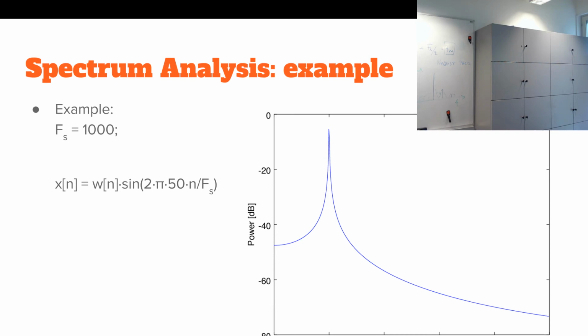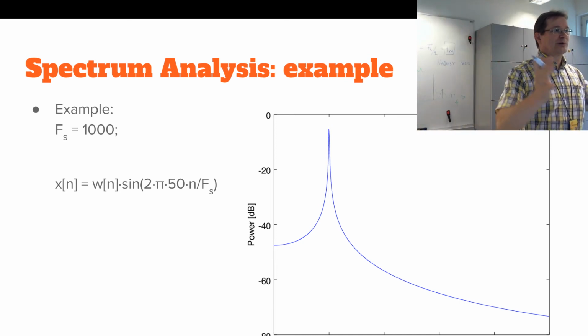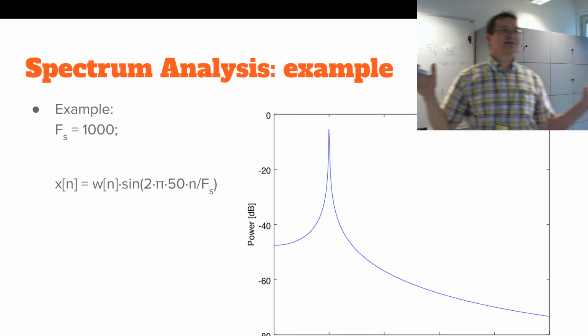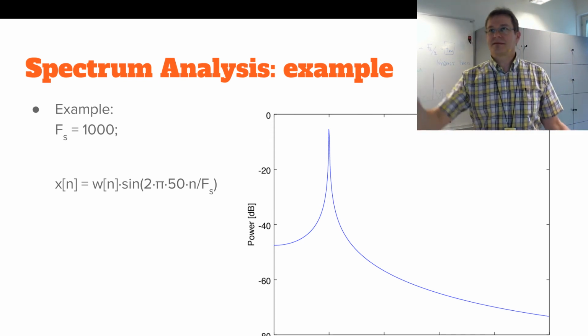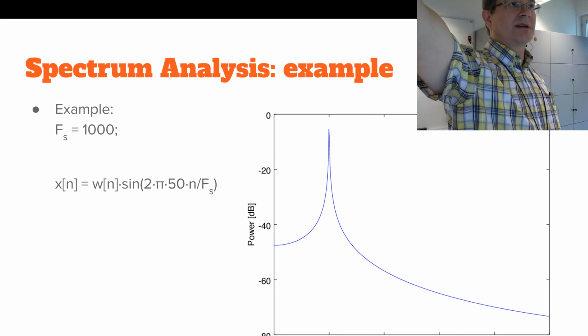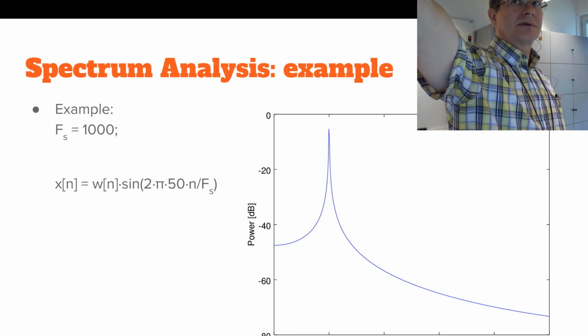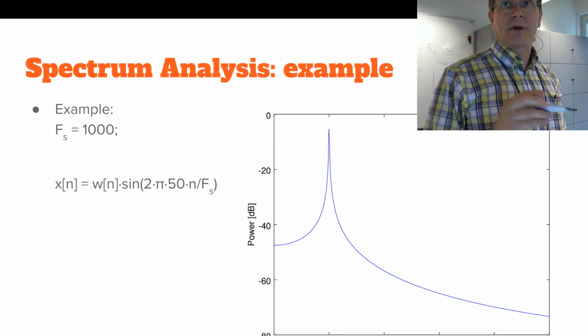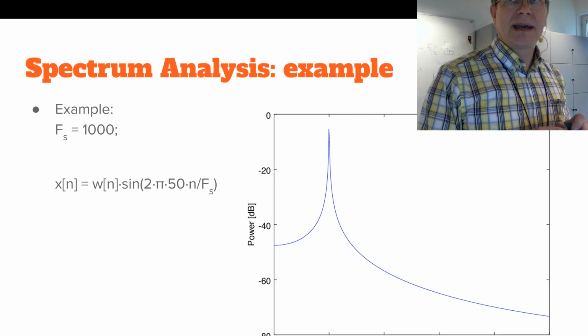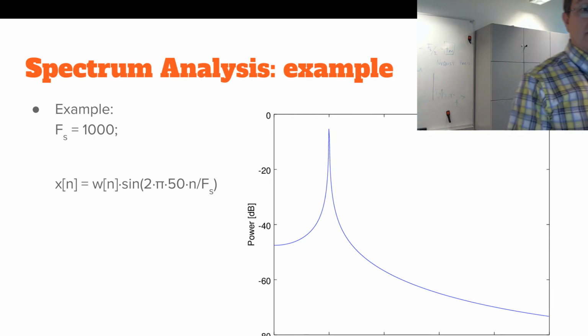So in this example, we had a square-shaped window that multiplies the sampled sinusoid. Mathematically it looks like that, and that's how it practically shows up. So there are those side lobes. The signal power has its maximum peak around 50 hertz.